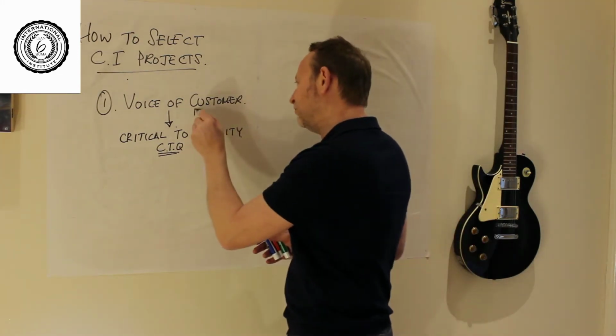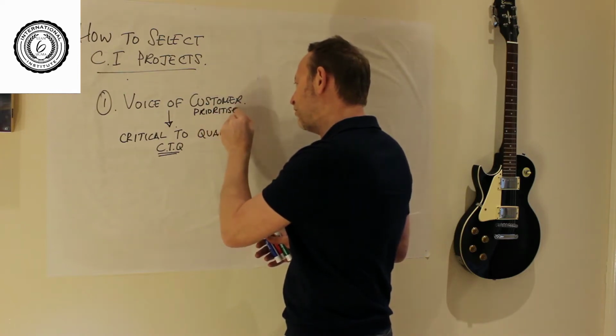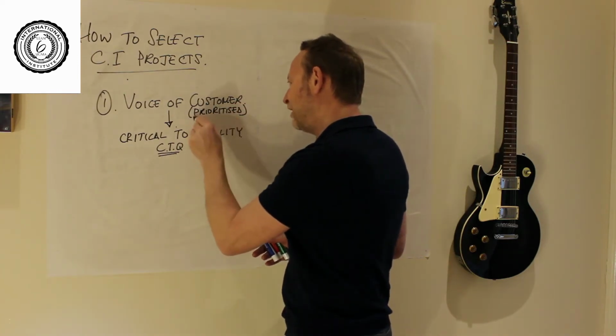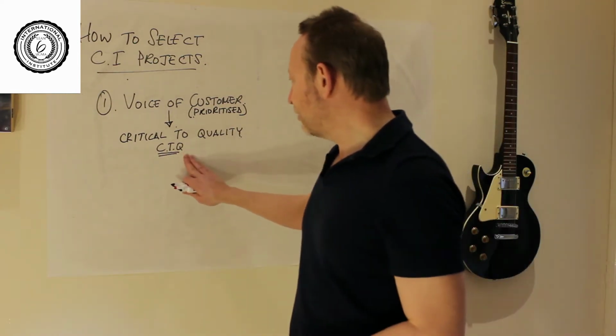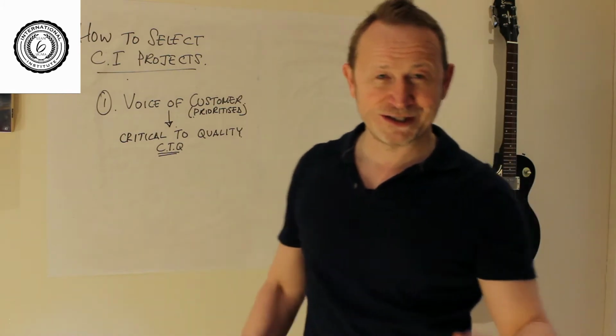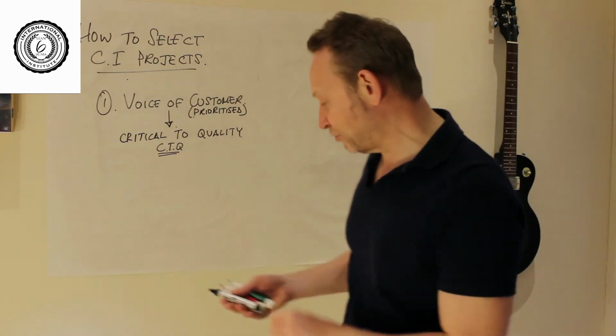So just to put something up here, this needs to be, by the way, prioritized. So you get a prioritized voice of the customer. Then what you get is a prioritized list of what's critical to quality. Now, what are CTQs?